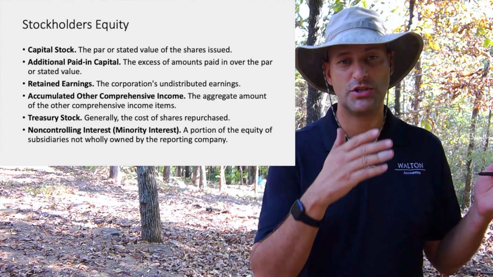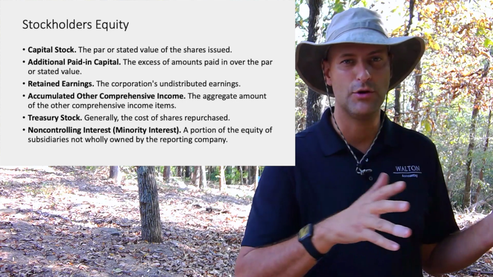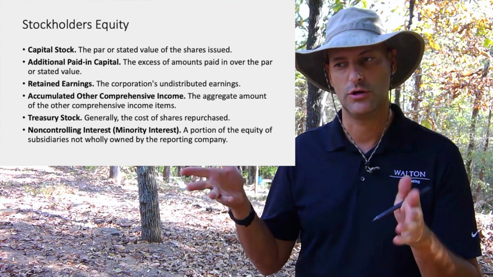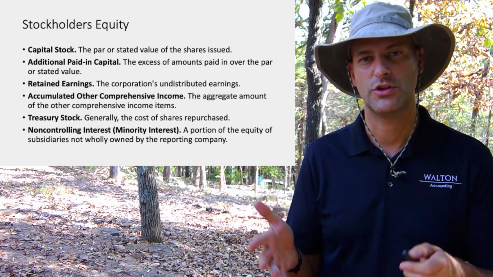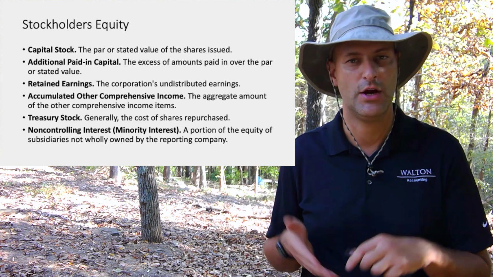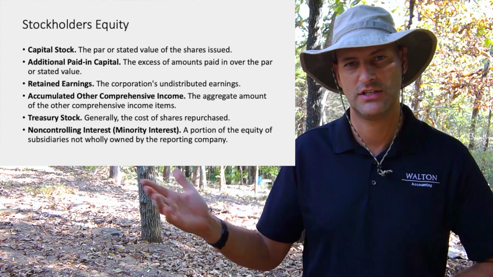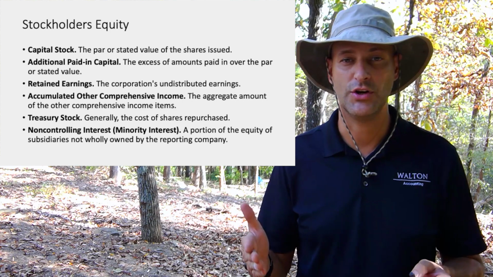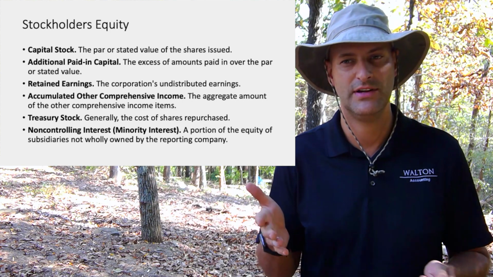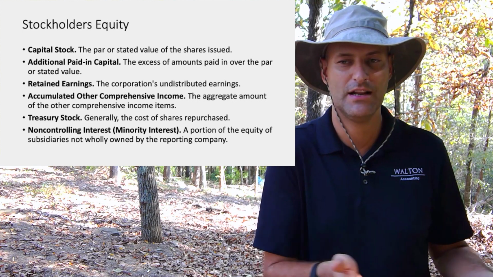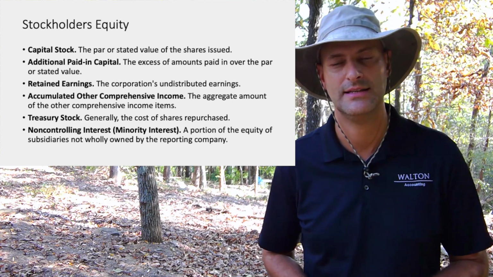After contributed capital, you have the earnings or losses associated with the company. We have retained earnings, which are the corporate earnings that haven't been distributed. They are retained by the company. Net income goes in there and dividends go out, because if we pay a dividend, we have not retained the earnings, we've paid them out.